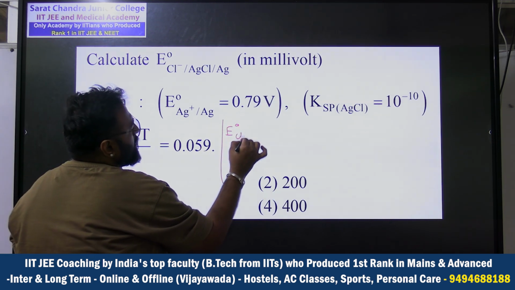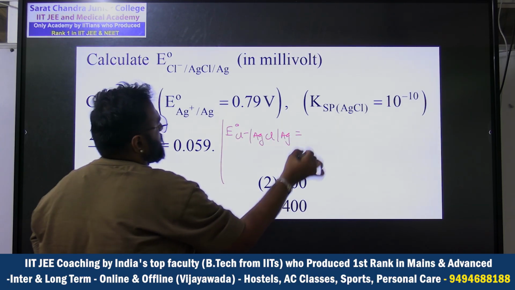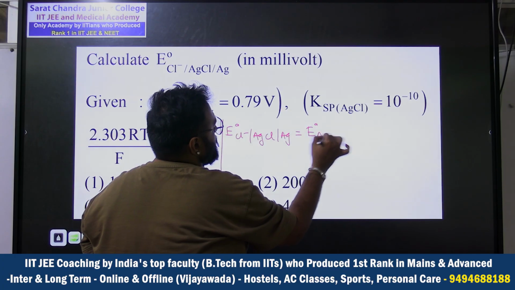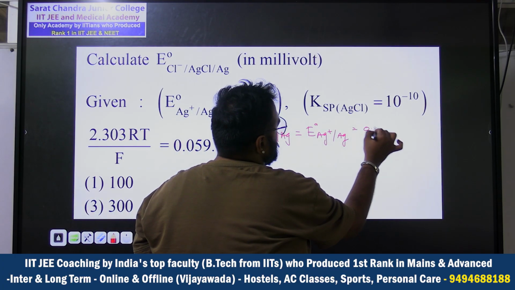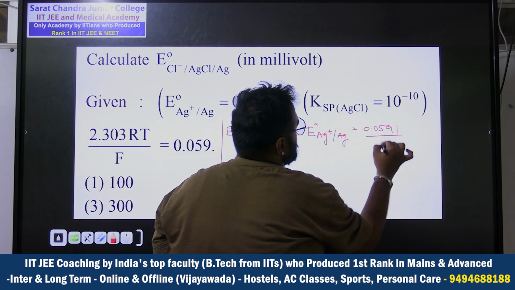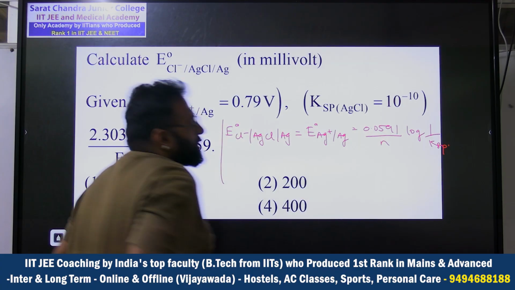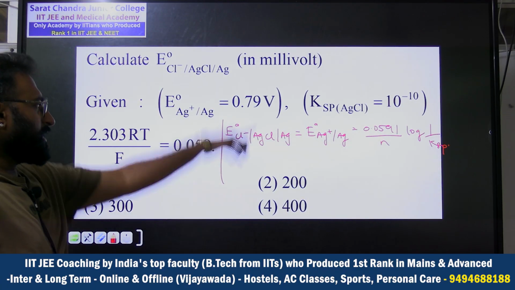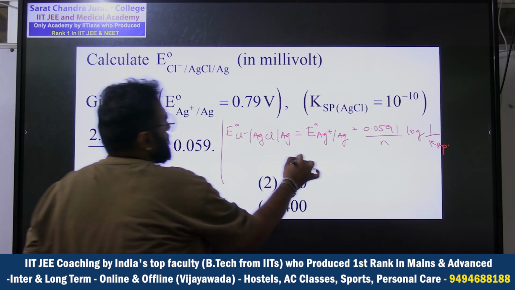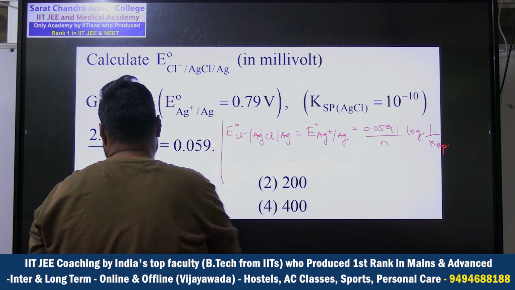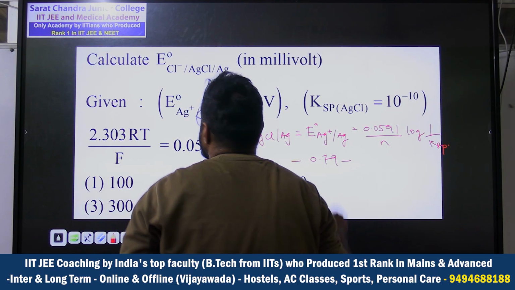Apply the Nernst equation: E naught of Cl minus, AgCl to Ag is equal to E naught of Ag plus to Ag minus 0.0591 by n log 1 upon KSP. Fill in the data.